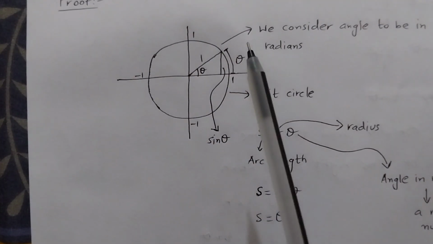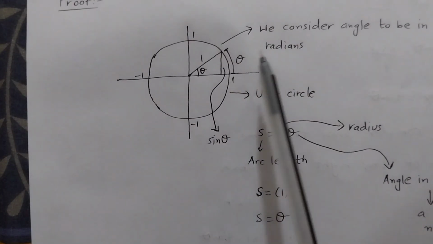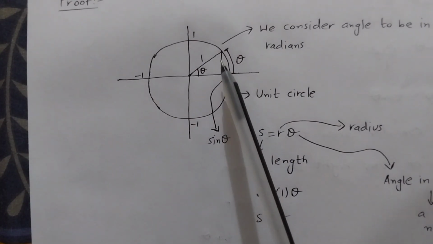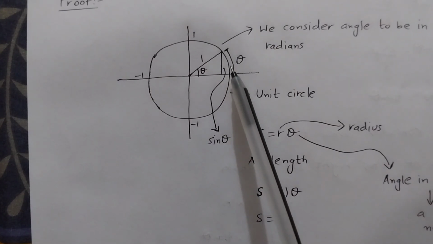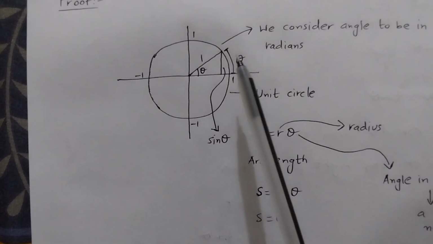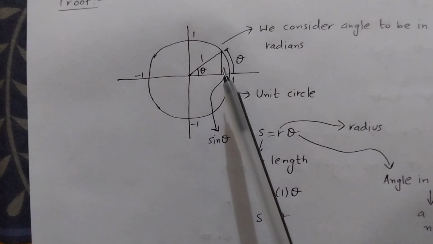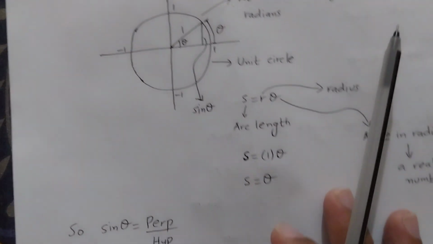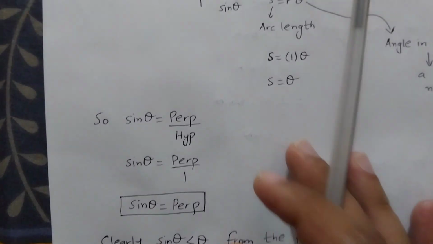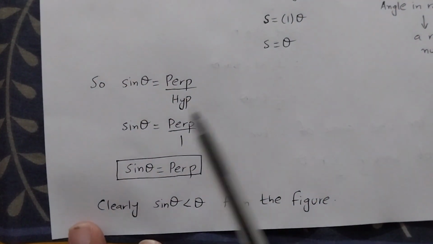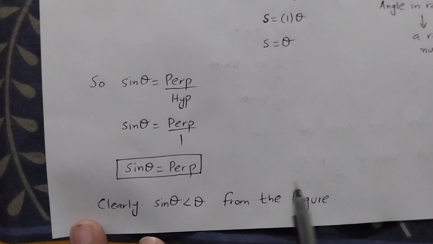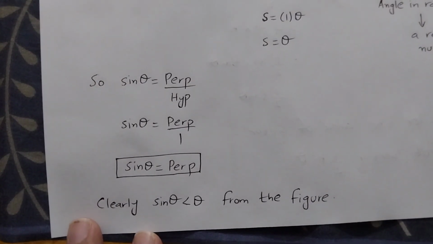No matter what other path you take, that will always be longer than this perpendicular. So this arc length, theta, is greater than this perpendicular. So theta is greater than sine theta. This is what we needed to prove for using our sandwich theorem, or for our limit to be true. So clearly sine theta is less than theta from the figure. So it has been proved.